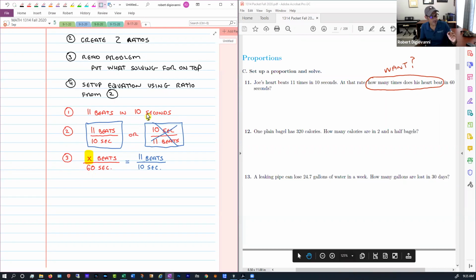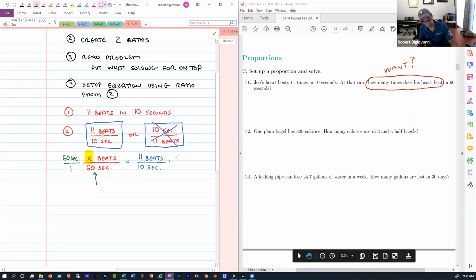So the way I said last time is we're trying to get the X beats by itself. So we want to get rid of the 60 seconds that's on the bottom. So we multiply the left side by 60 seconds, written as a fraction, 60 seconds over 1. And whatever we do to the left side, we have to do to the right side.